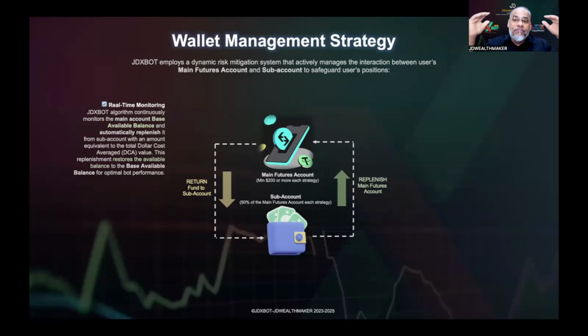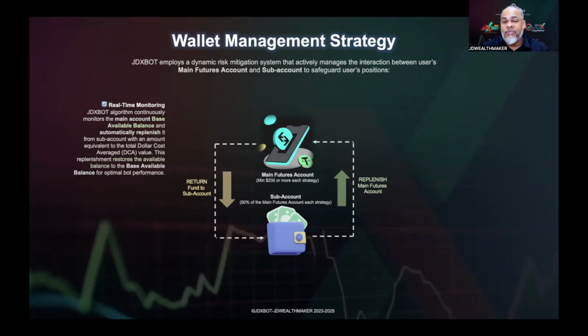So when the market or the price goes against you, we do not need to worry, right? Because at JDXBot, we have 20 DCAs already in the algorithm. So when the market goes against you, the dollar cost averaging will now take effect. So now, let's say, for example, you have $200 in your main account, and the first DCA takes about $20. Let's say, for example, $20.